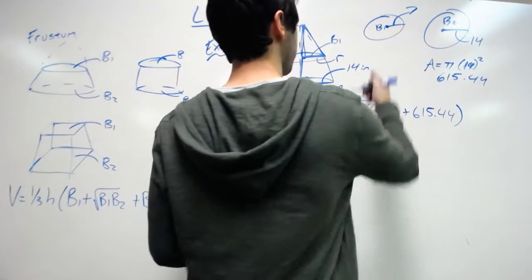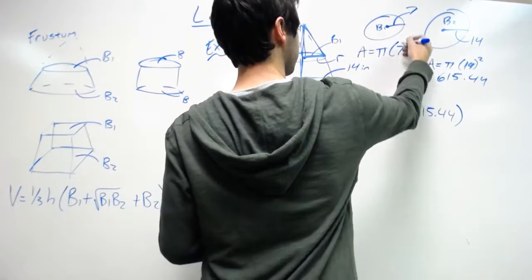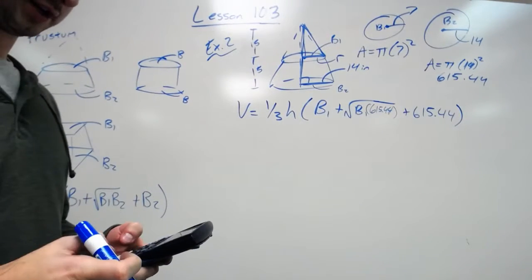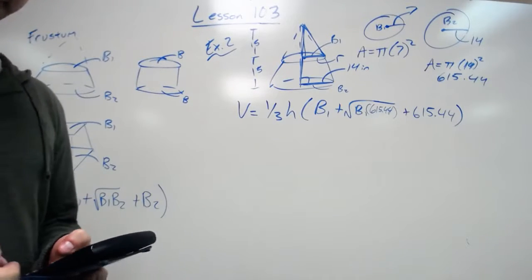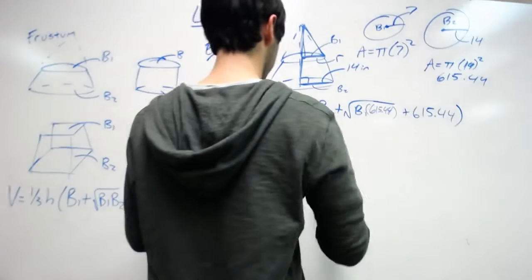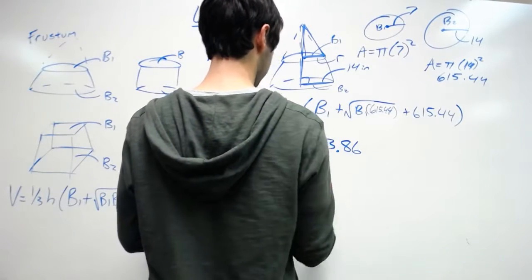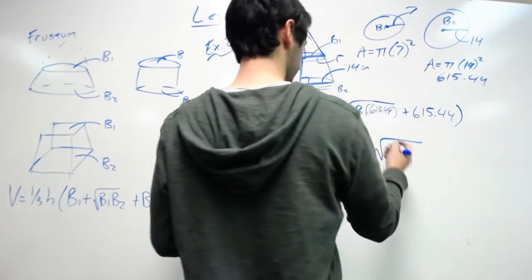So now for base 1, I can go area equals pi times 7 squared. So I plug that in, 49 pi, I use 3.14, is 153.86. So I'm going to plug that in for base 1.